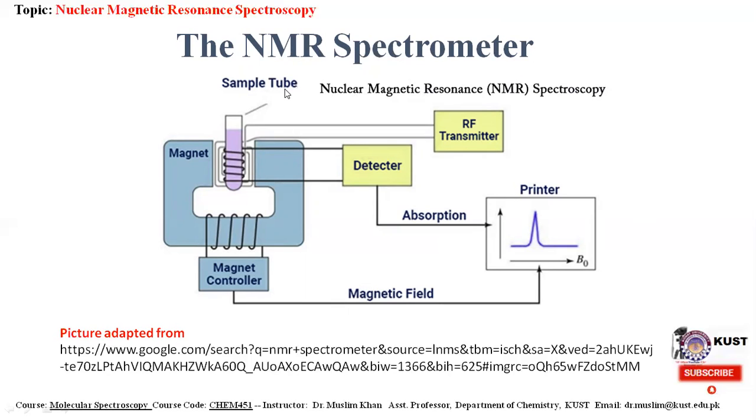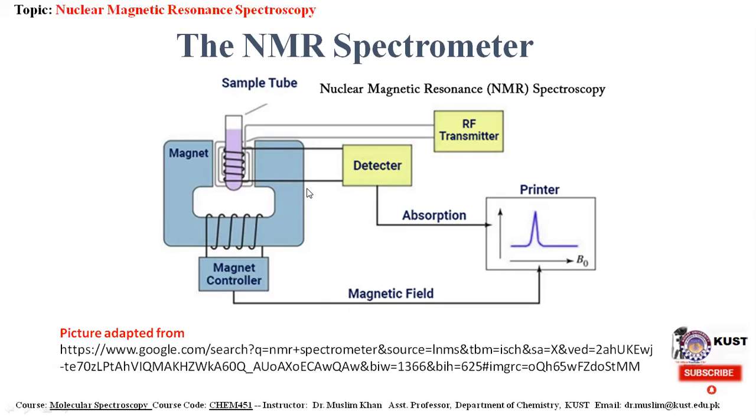What is there in an NMR spectrometer? First of all, this is the sample tube, surrounded by an external magnet, and here is a magnet controller, and there is an RF transmitter as well.